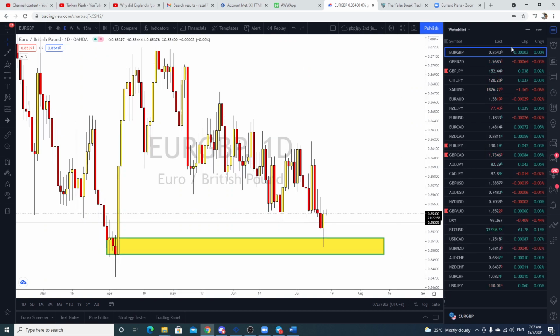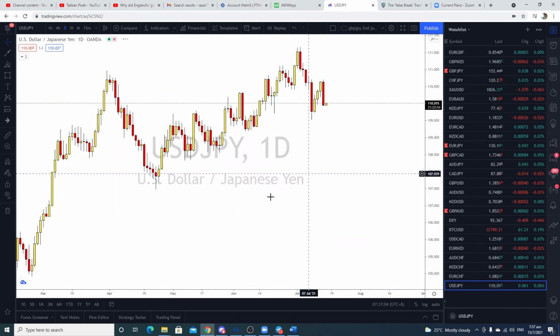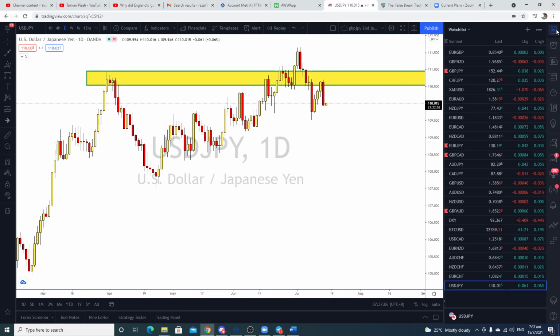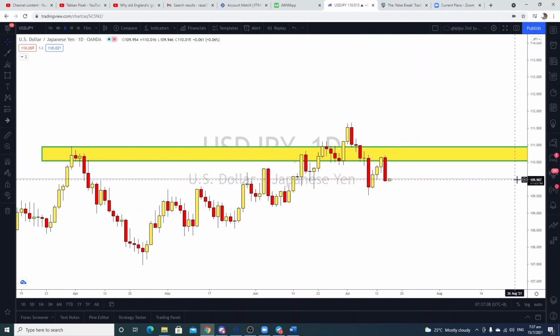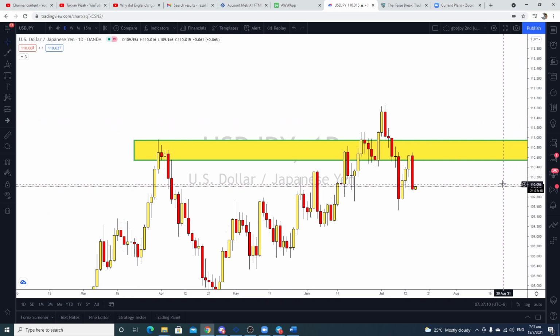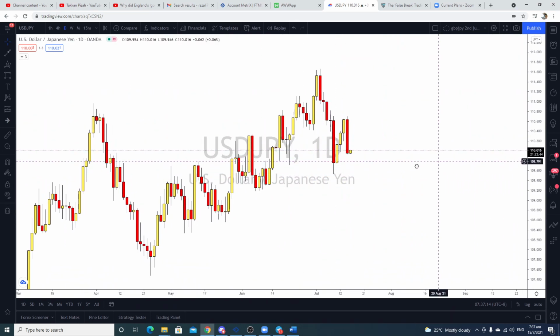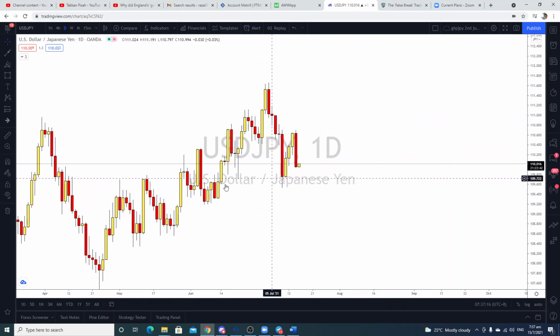Oh yeah, yen pairs. For the yen, this is UJ on the daily. In the UJ on the daily, notice what this market is doing here. Previously the market is in an uptrend, right? So in this case we can see that rally.